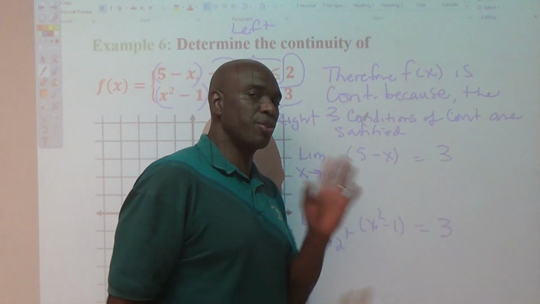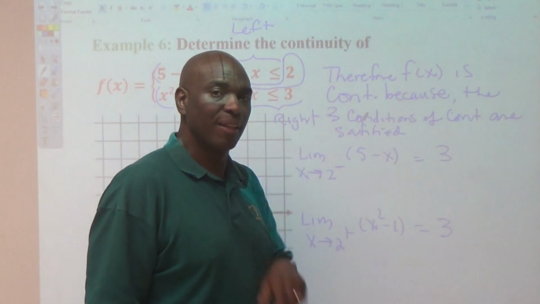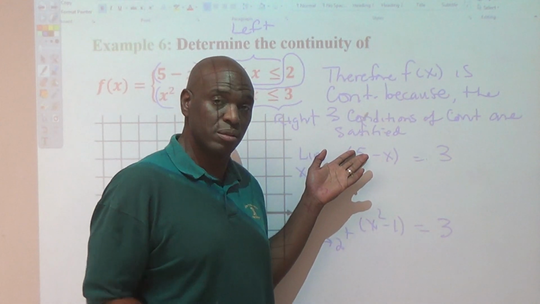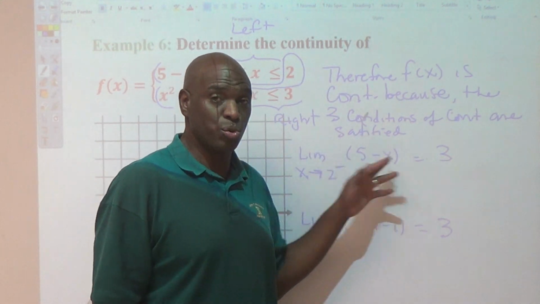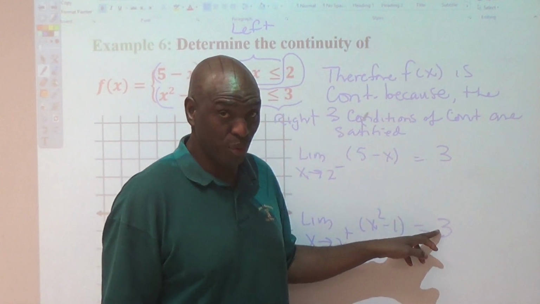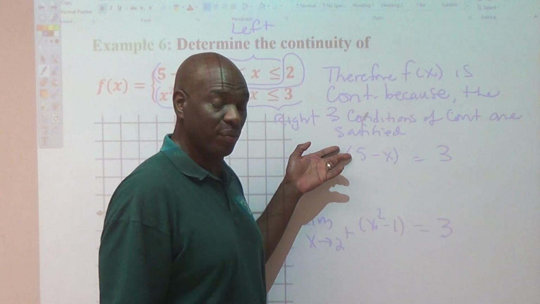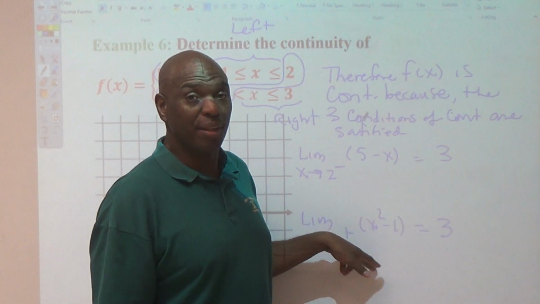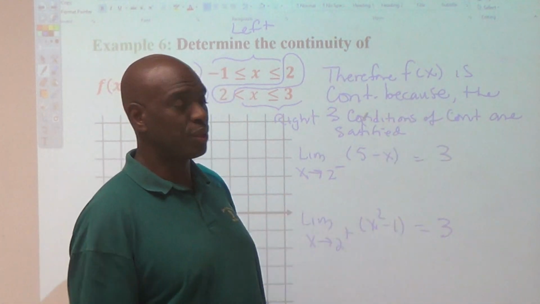And this, of course, being the third condition, okay? The limit from the left side equals 3, and the limit from the right side equals 3, which means the limit of the left equals the limit of the right, and they're both defined at 3. So it's continuous.